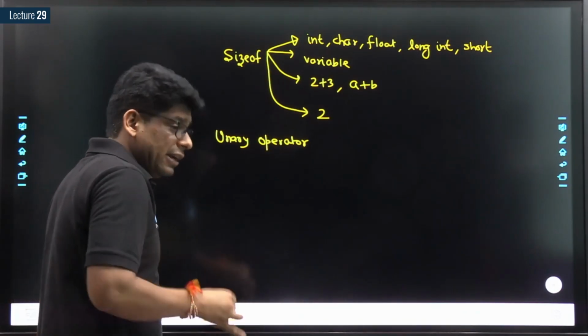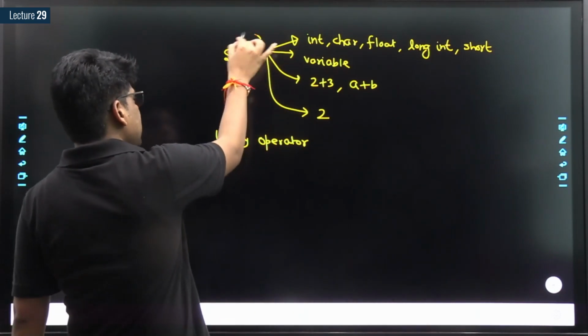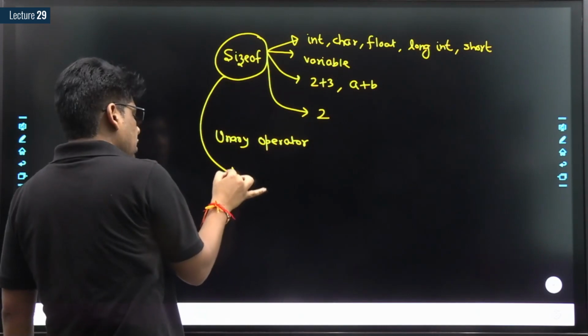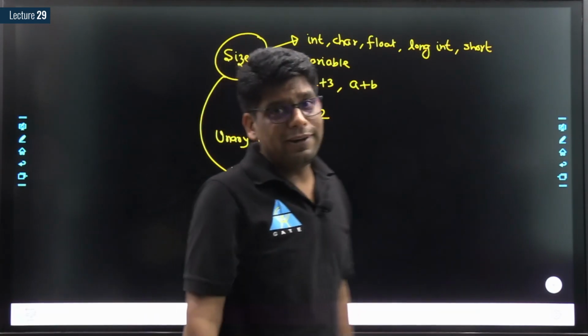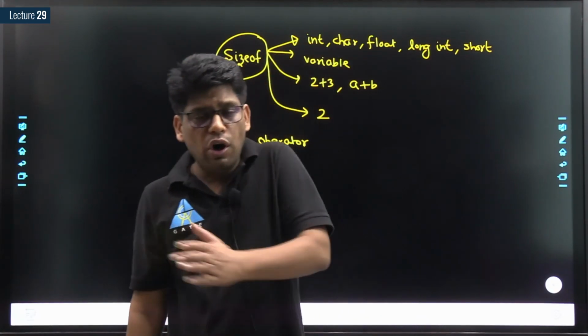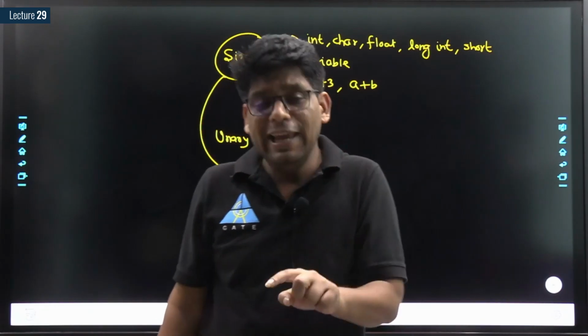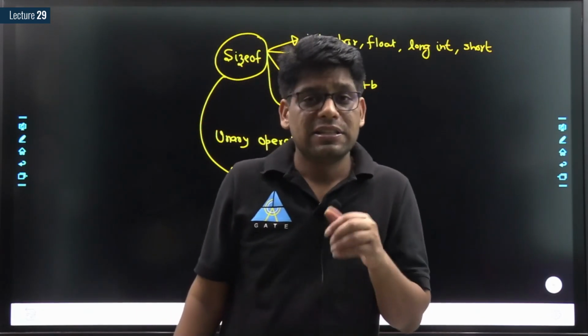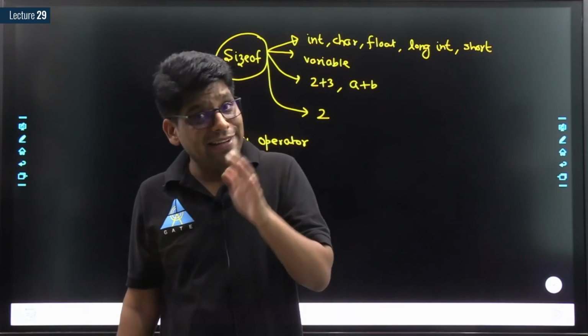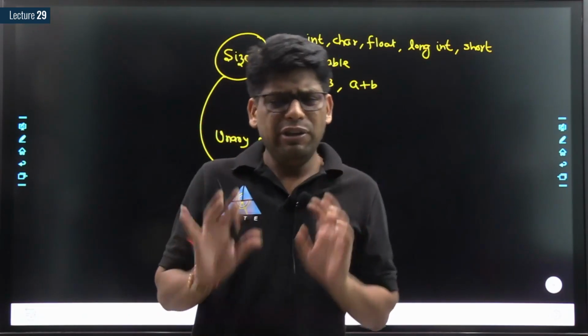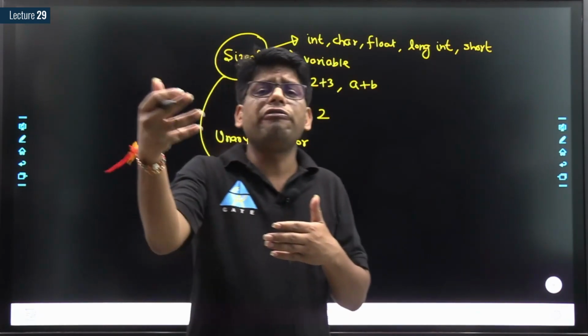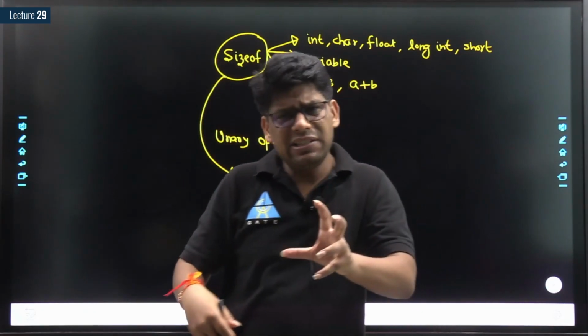Again, I am repeating, I am going to cover sizeof in the last chapter. Once you become an expert in the C programming language, after watching all these videos, I will again discuss the sizeof operator, what is the exact return type. As of now, we know, sir, it is returning the number of bytes, which is an integer value.